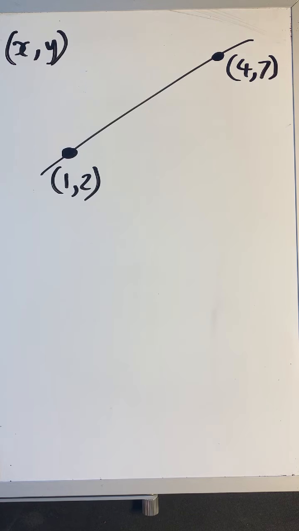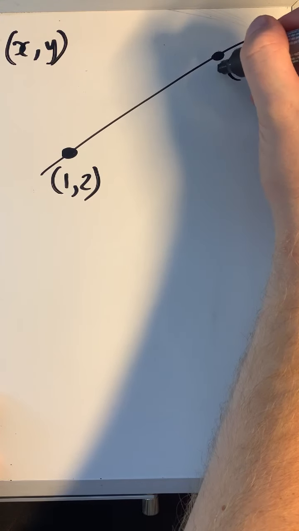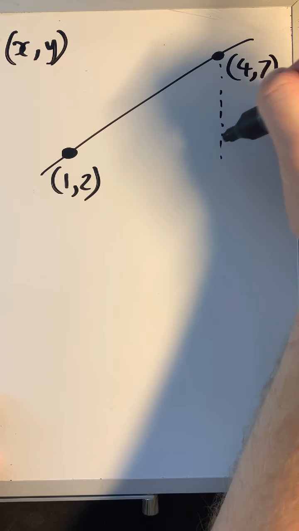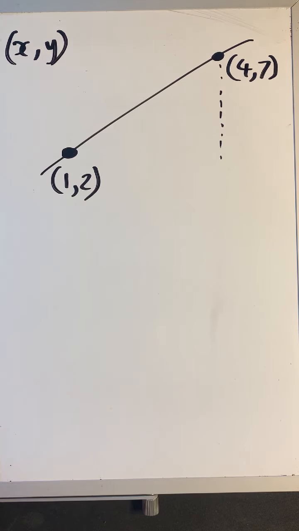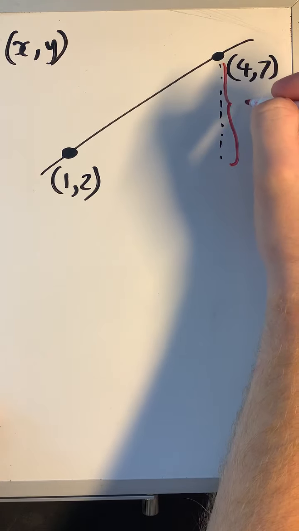So how would we find the gradient here? Well, what we've got to do is find the difference of the y coordinates and the difference of the x coordinates, and find the ratio between those two. So we divide them, basically. Here we've got a difference in y coordinates.